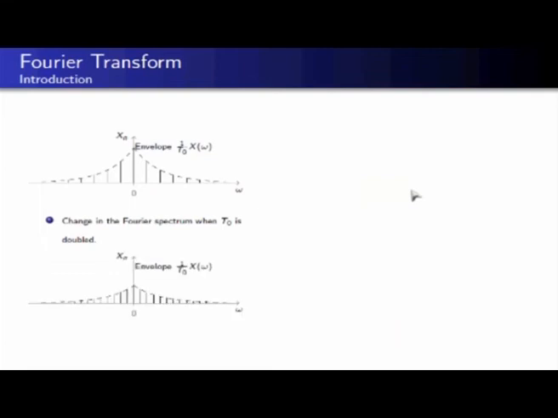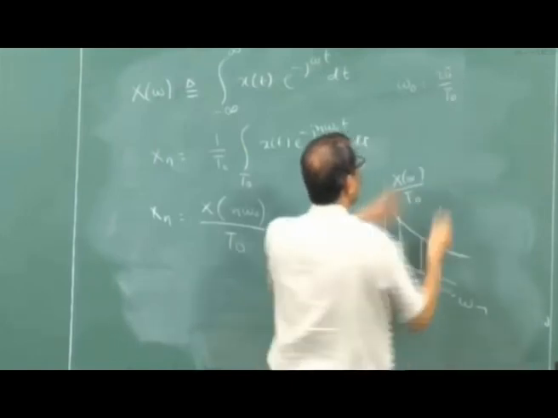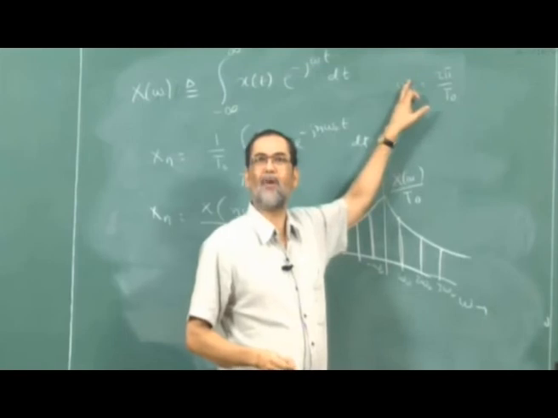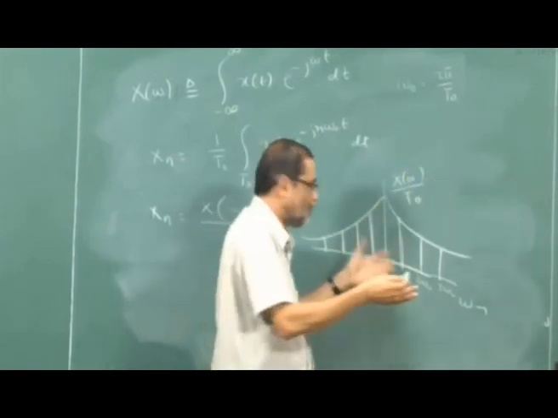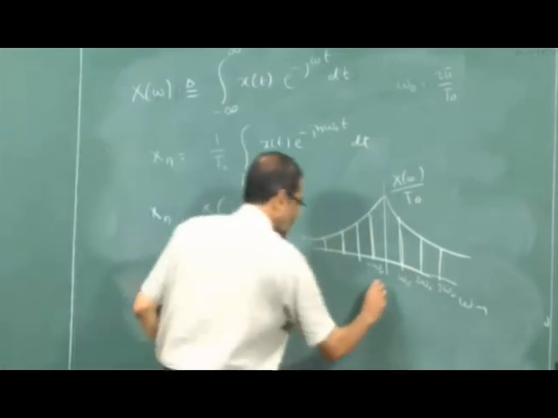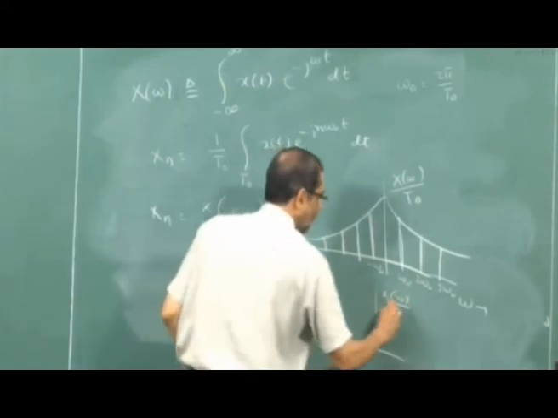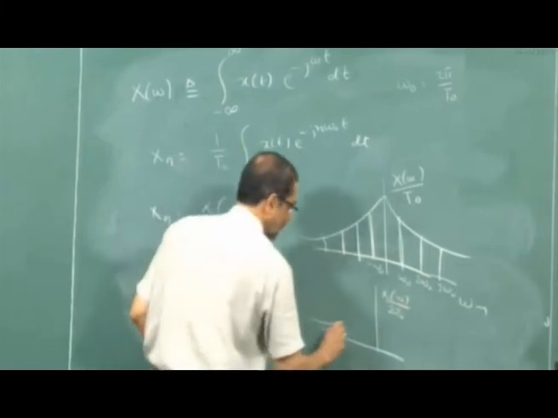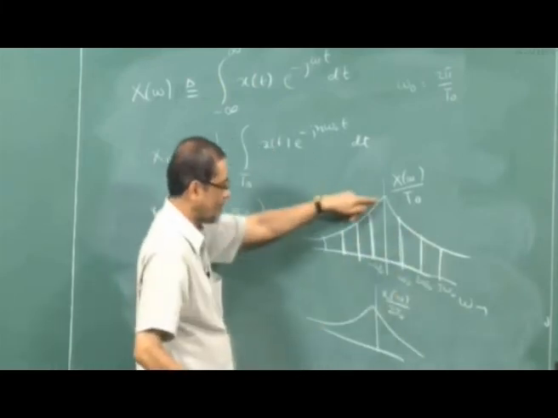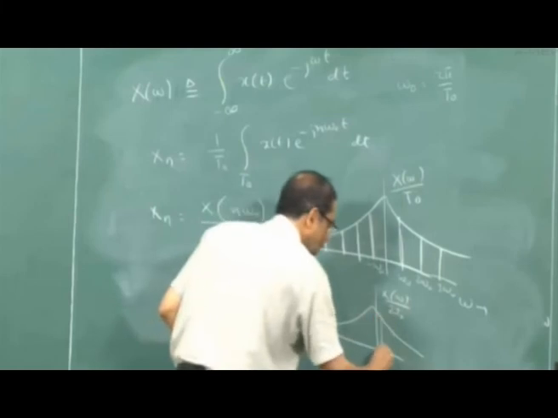So if I increase the gap, then omega naught, which is 2 pi by t naught, becomes small. So the points move closer, right. T naught becomes large, so this becomes smaller. So it's possible then that x of omega remains the same, but now I made it 2 t naught, so it is half the size, not as tall as this but shorter, but omega naught also reduces, so the points move closer together.